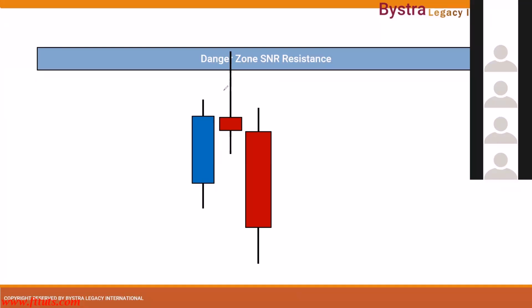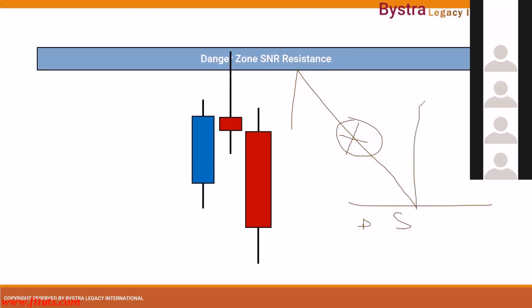Let's take this as an example, our daily danger zone on the resistance, and then this is our support on the daily time frame. As you can see, price goes up here and doesn't have any second movement, it goes down straight, right? Normally, if you do a back test on this kind of danger zone without any second movement, price will break very easily.